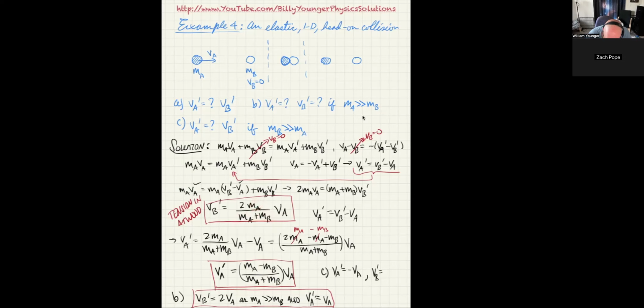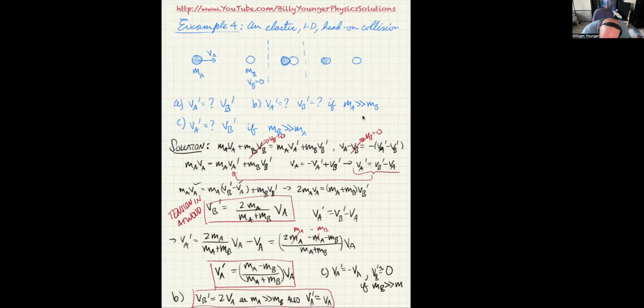So VB prime is essentially going to be zero, if MB is much, much greater than MA. So that's the answer to part C, and we've now completed this one as well.